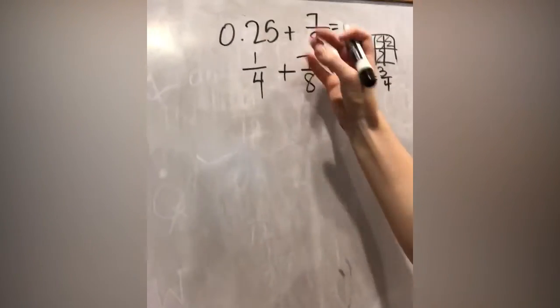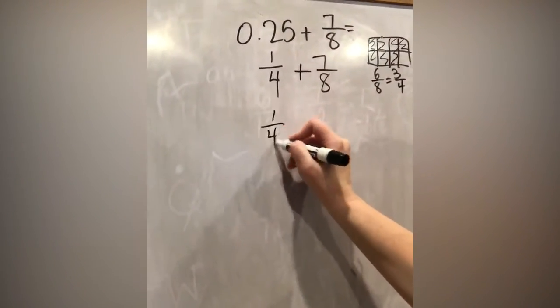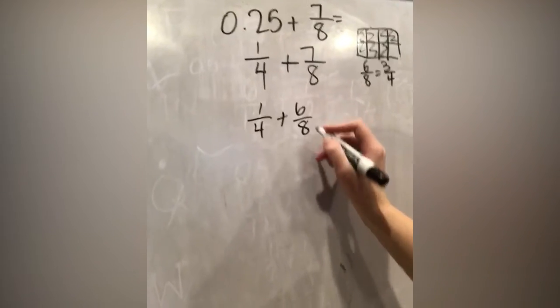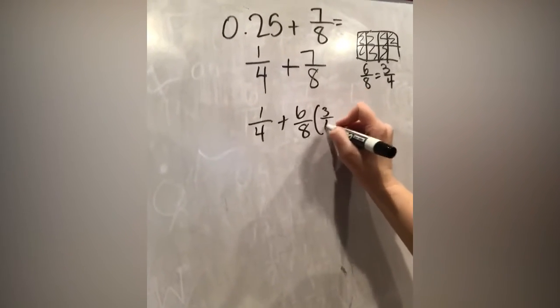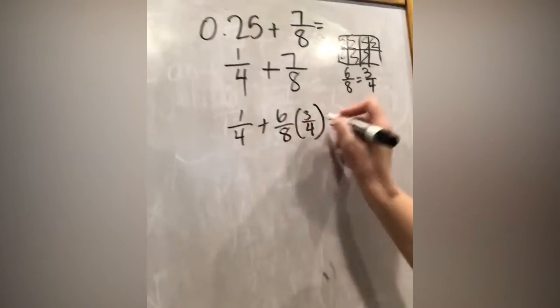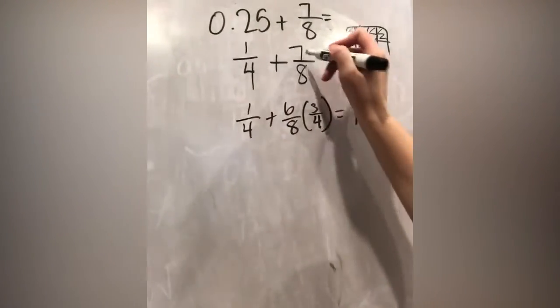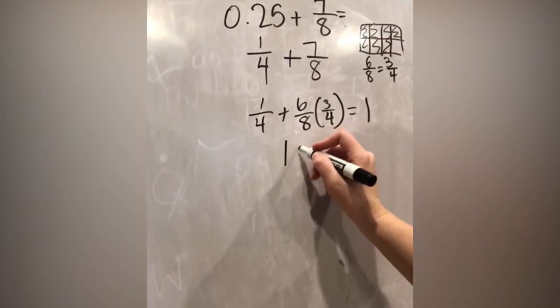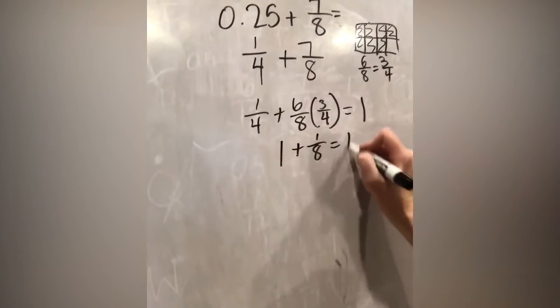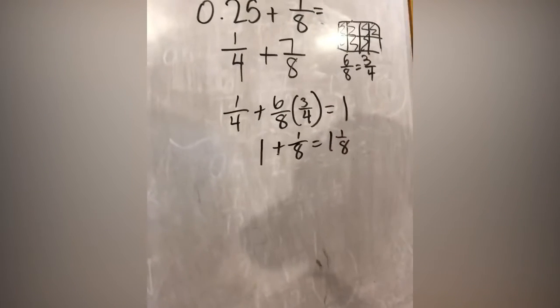So what if I pulled out that 6/8? 1/4 plus 6/8, which simplifies to 3/4, is going to give me 1 whole. 1/4 plus 3/4 gives me 1 whole. And then I just have that extra 1/8 in there. So I have to add that 1/8 back in to get an answer of 1 1/8.